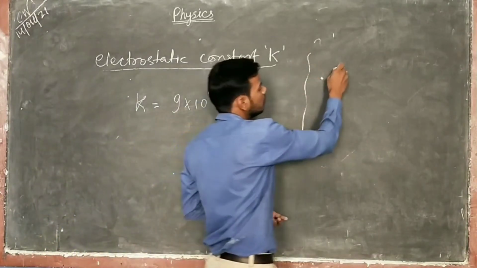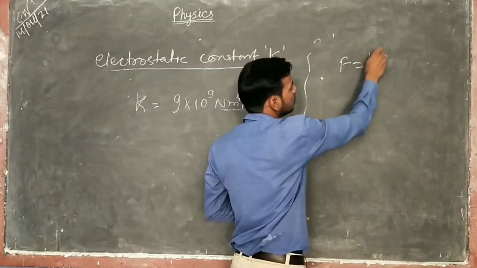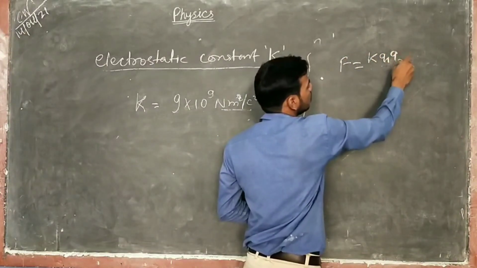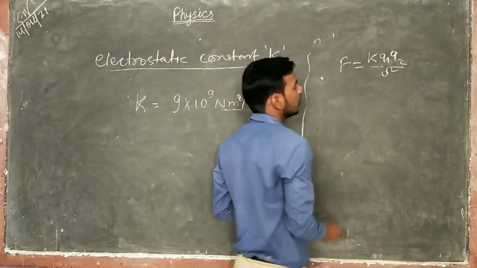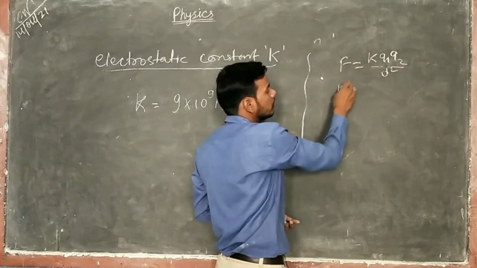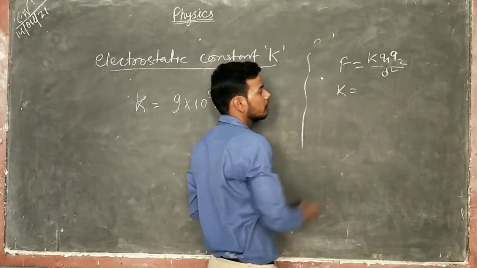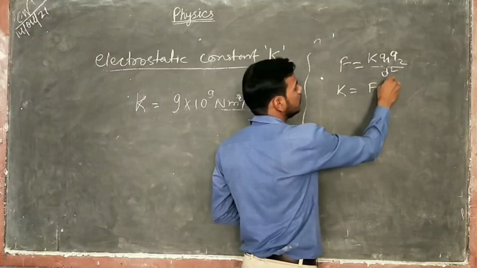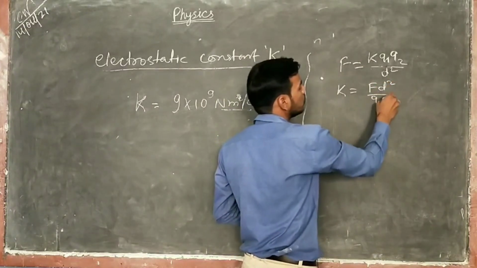This unit is taken because we know the formula F is equal to K Q1 Q2 upon D square, and if we transpose it to get the value of K, we will get F D square upon Q1 Q2.